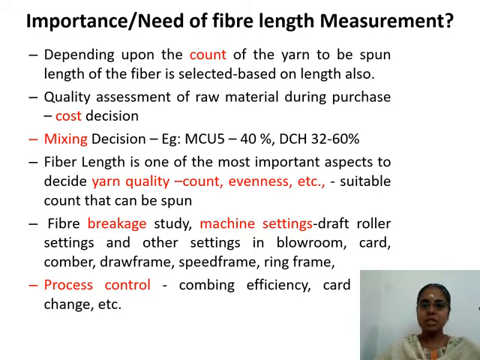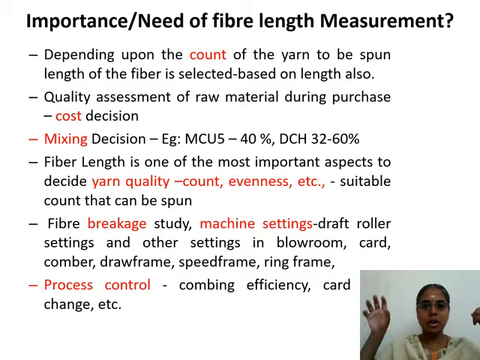So for spinning that count, the fiber that is required has to be selected. The first and foremost parameter is fiber length. In the market, they will mention 2.5% span length, and the rate for this variety in this length of cotton is this much. So the fiber is selected based on its length.